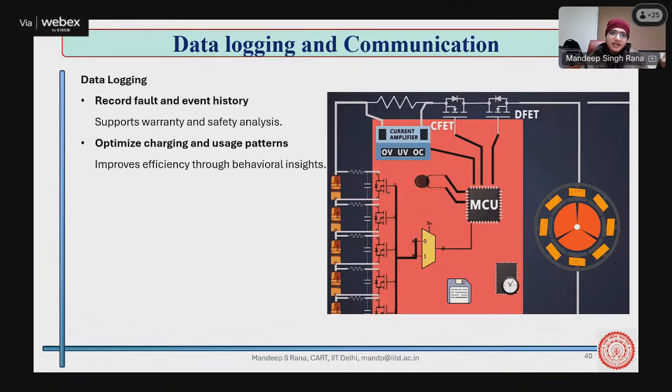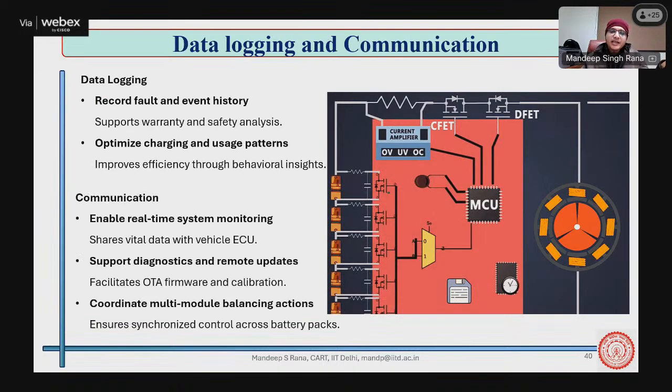Then there is another part which is more like data logging. I told you that there is a central unit sitting, which is the microcontroller unit. It has some storage of the data within the IC. So you need to connect some sort of ROM there. An IC would be sitting to store some data, a dedicated IC, not the microcontroller registers.